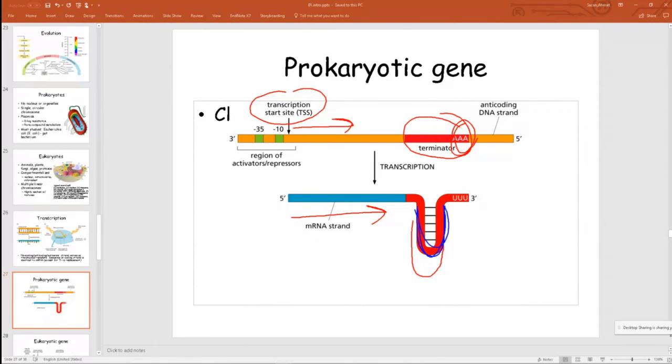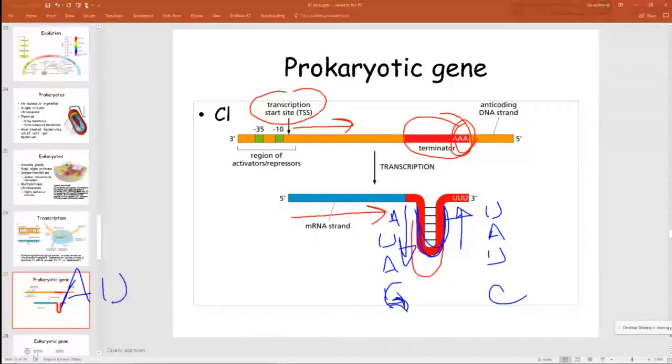Okay, what that means is going that way and that way, we will have complementary nucleotides. So let's say I have A, U, A, U, or let's make that a G. Going the other way, I have U, A, U, C. If you open it up, I have A, U, A, G, C, U, A, U.